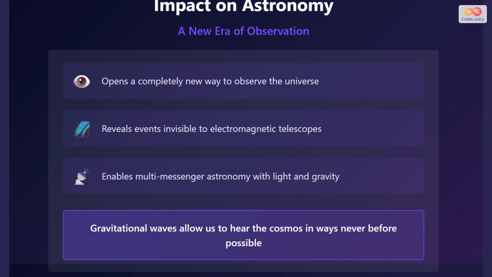The detection of gravitational waves has opened a completely new era in astronomy. For the first time in history, we can observe the universe through gravitational waves rather than just electromagnetic radiation like light, radio waves, or X-rays. This is revolutionary because gravitational waves reveal events that are completely invisible to traditional telescopes.